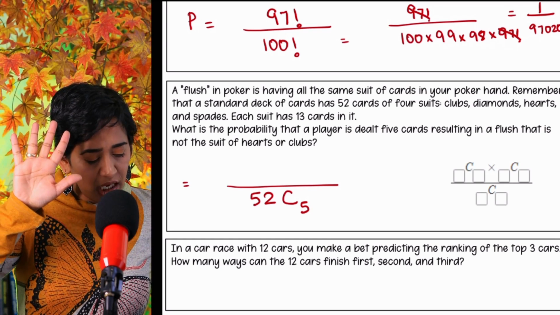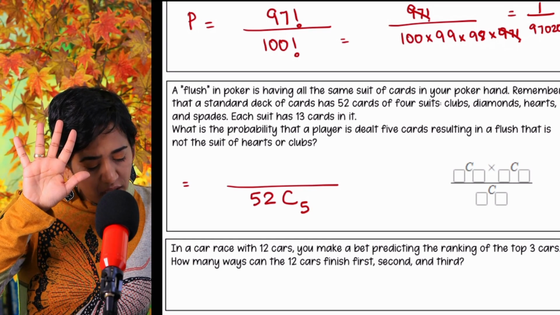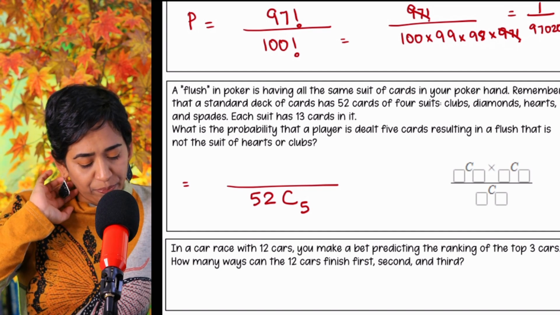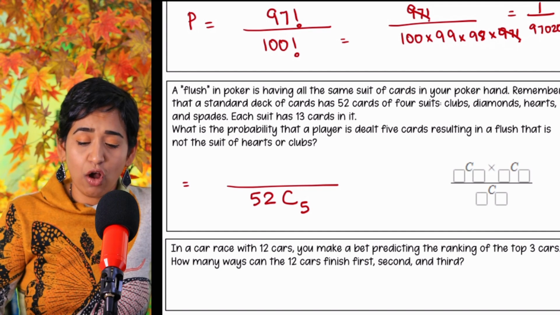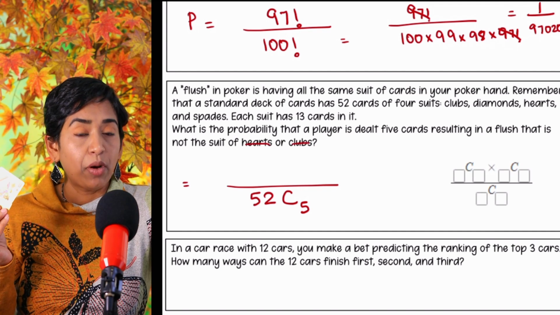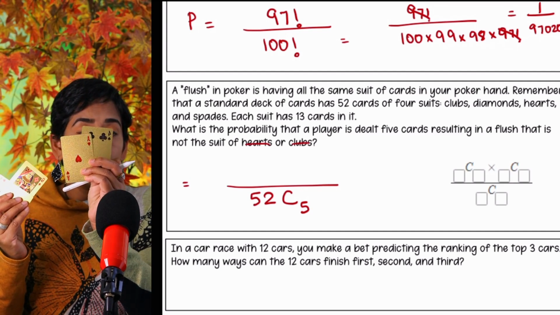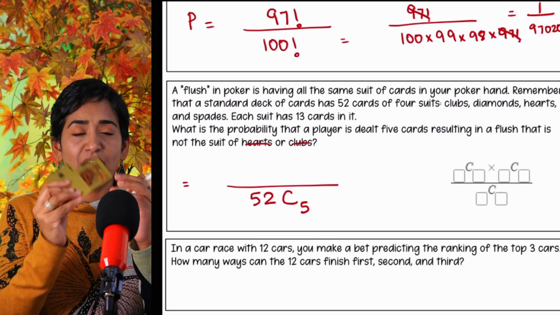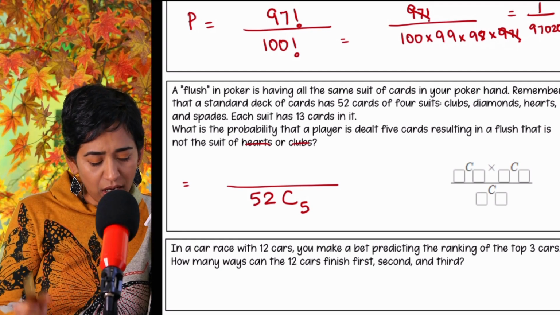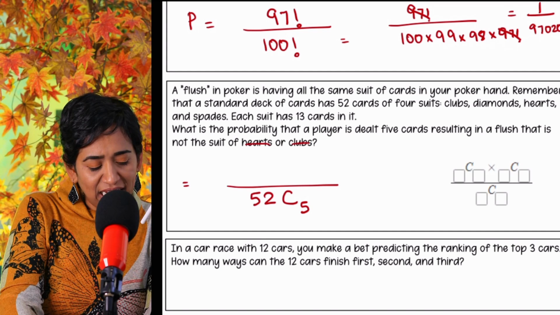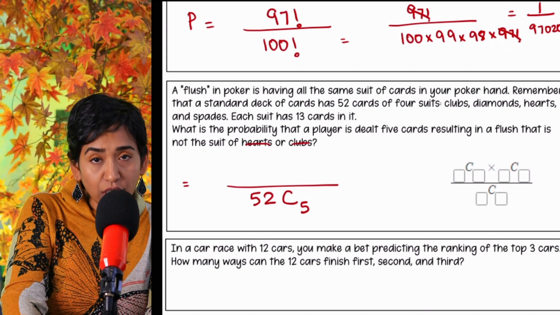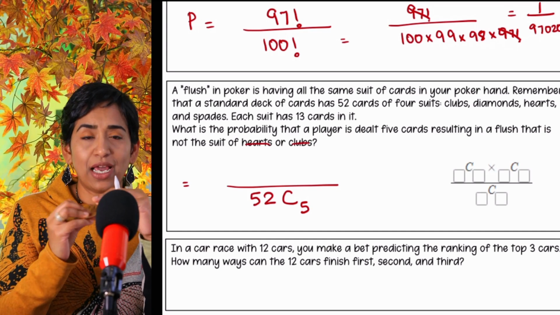Now, what are they saying? I have to pick 5, and remember, I cannot have a heart or a club. Heart and club are a no-no. I should only have a diamond or a spade, right? So now take a look.